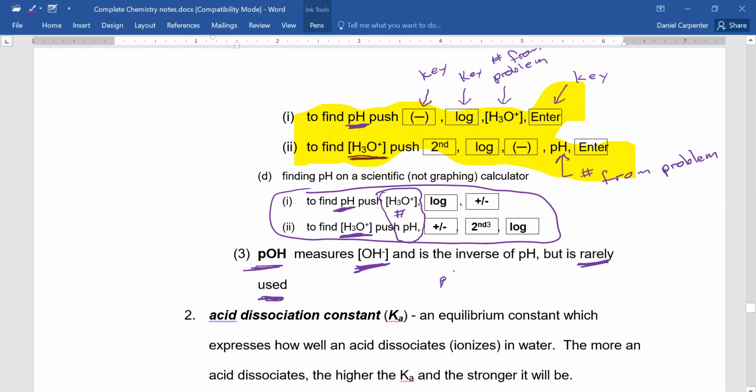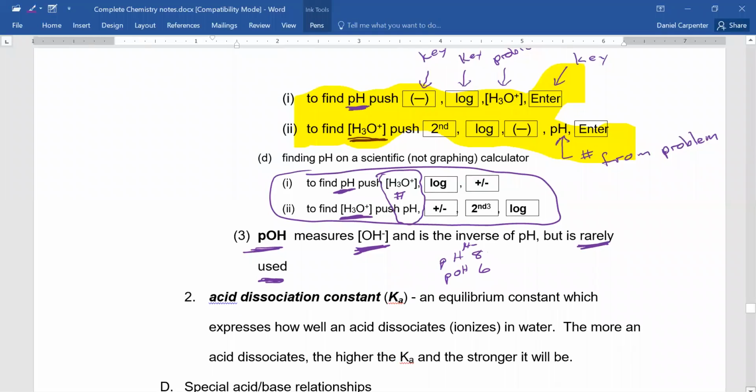So pH 8 is pOH 6 because that adds up to 14. So you just have to subtract from 14. 14 minus 8 is 6, but you're not going to have to do that. Don't worry about it. That's just for those of you who are curious about such things.